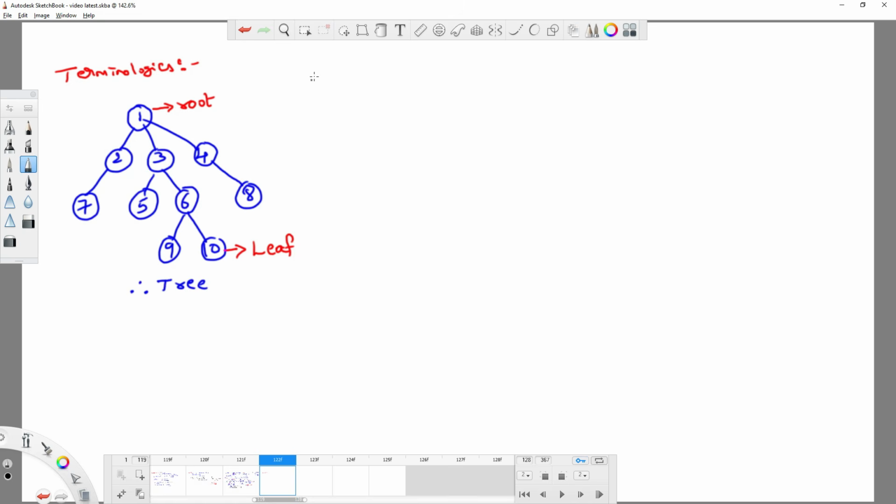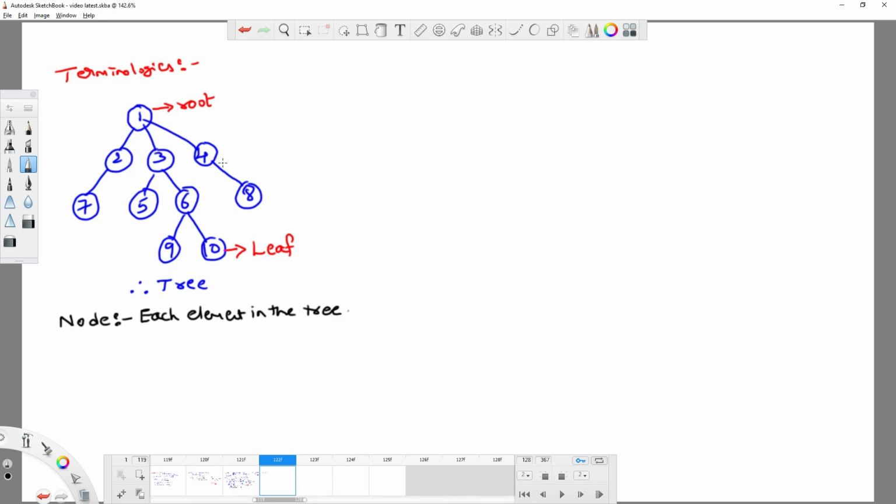First one, node. What is a node? A node is simply an element. Each element in the tree, you can write in your notes. You can just write examples: 1, 2, 3, 4.